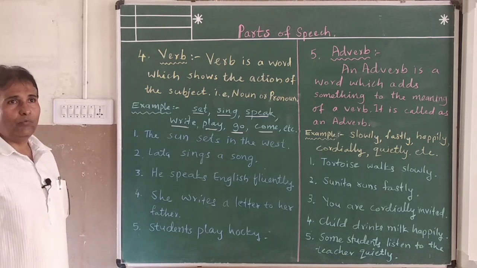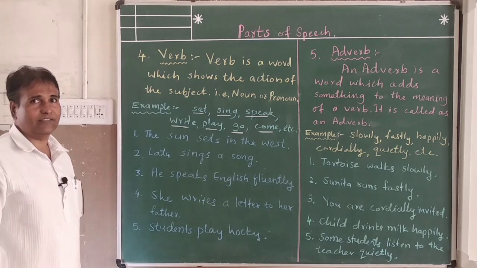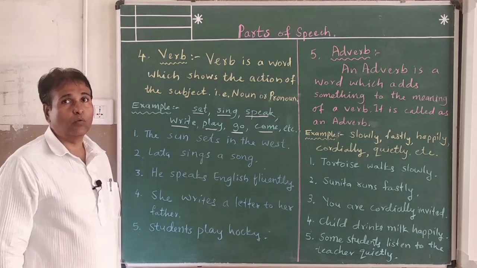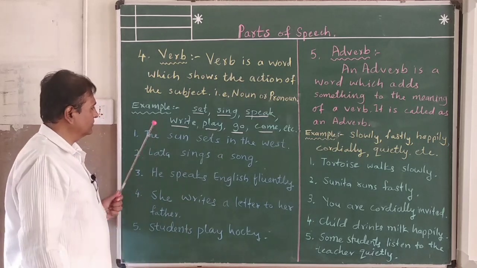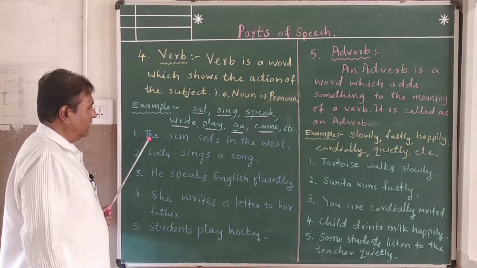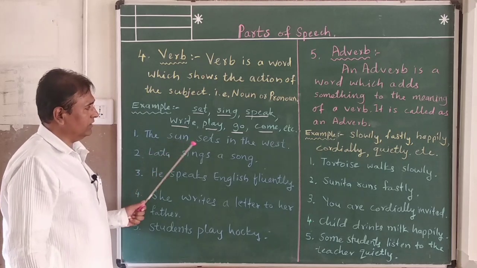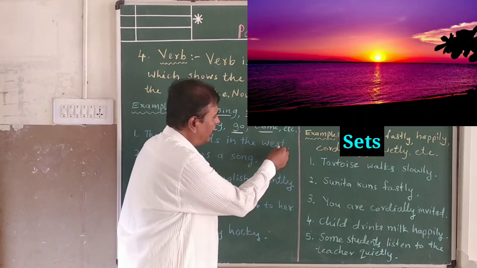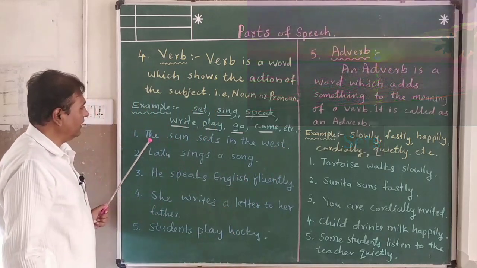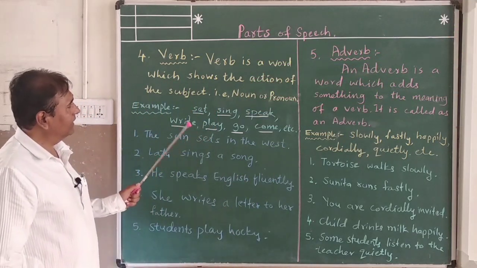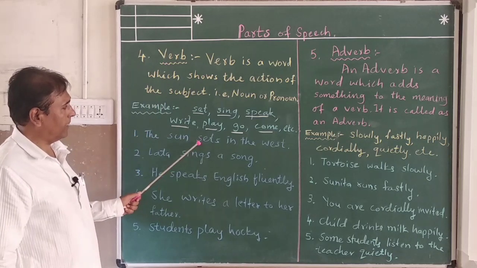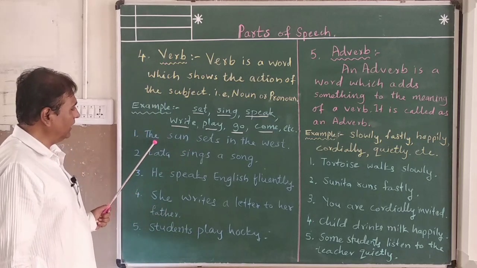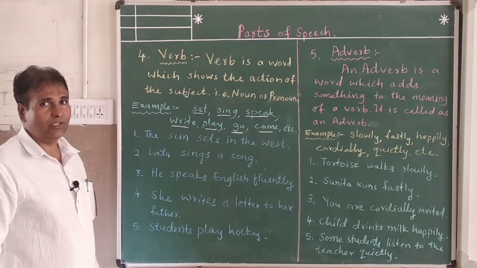Now, with the help of 5 examples, we are going to understand the verb. See now. Number 1. The sun sets in the west. Here, what is the word which shows the sun's action?